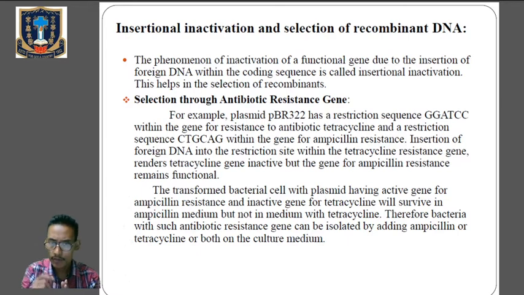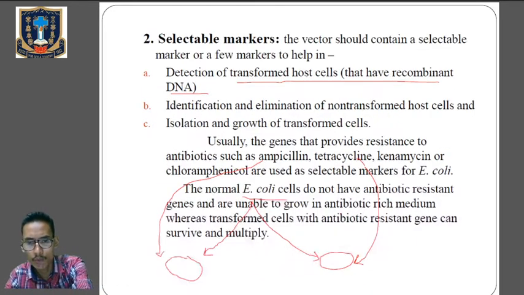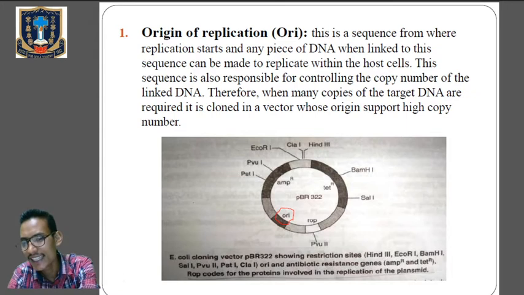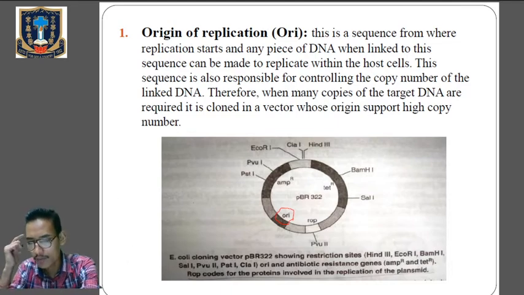If you remember, in the plasmid vector pBR322 we have two sites for antibiotic resistant genes. AmpR means ampicillin and TetR means tetracycline. So AmpR means ampicillin resistant gene and TetR means tetracycline resistant gene. Please keep this in your mind.